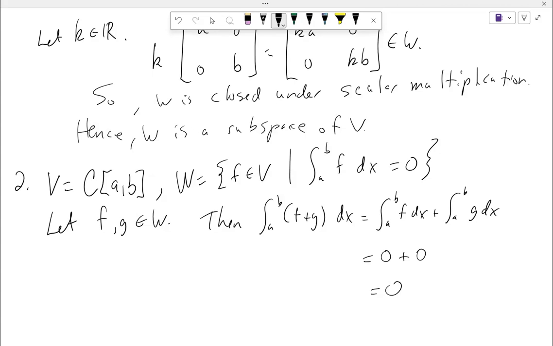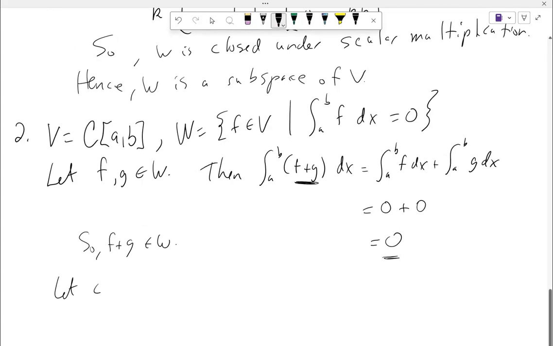All right. So what does this tell me? I showed that the integral of this thing is 0, so where does this thing live? W, yeah. Now let's take a scalar. I need to show that the scalar times any function from W is back in W. You just told me the defining characteristic of being in W is that it integrates to 0, right?